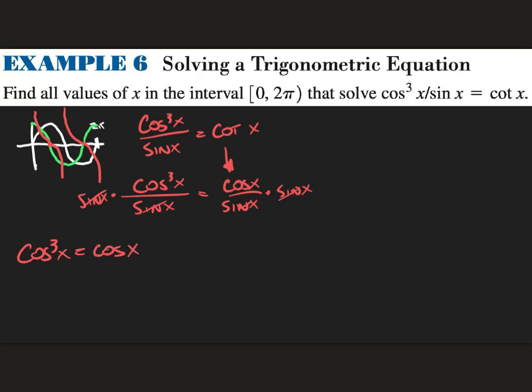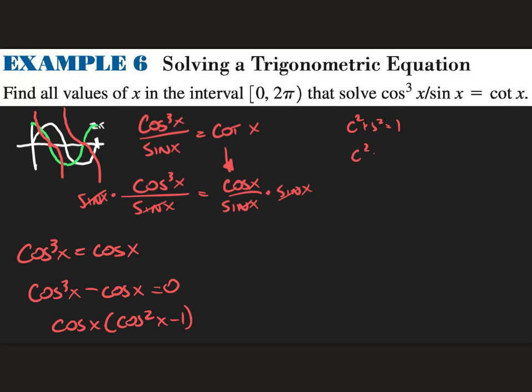If I subtract the cosine, I get the cosine cubed of x minus the cosine of x equal to 0. Factoring, the cosine of x times cosine squared x minus 1. The cosine squared plus the sine squared is equal to 1.